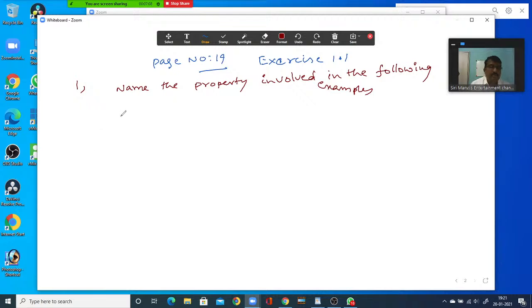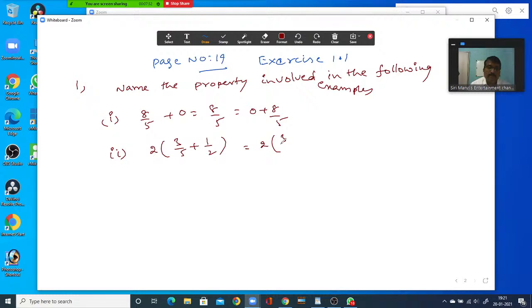Okay, so first, 8 by 5 plus 0 is equal to 8 by 5, equal to 0 plus 8 by 5. Second one is 2 into (3 by 5 plus 1 by 2) is equal to 2 into 3 by 5 plus 2 into 1 by 2.